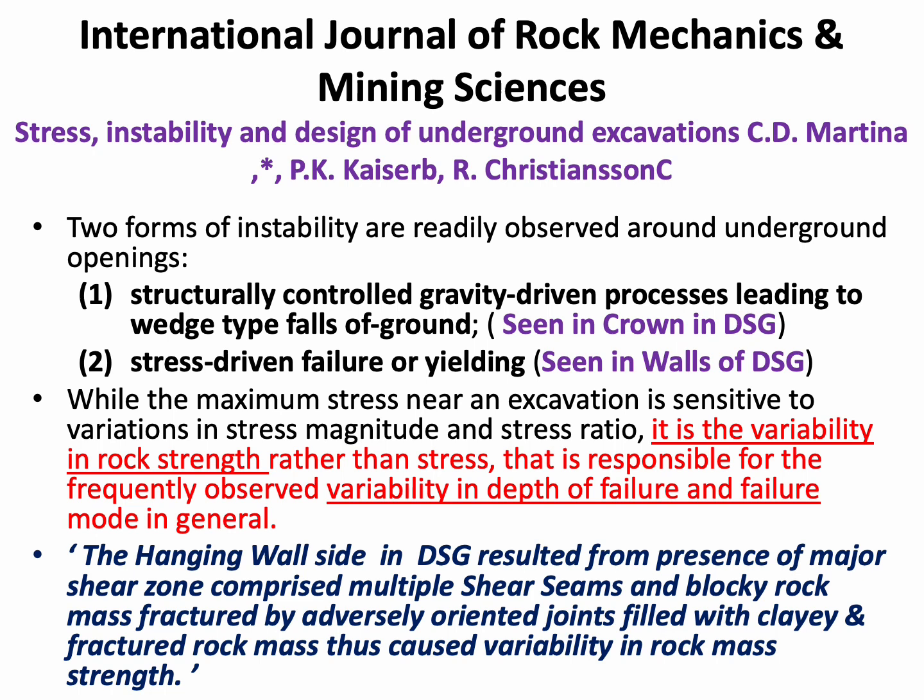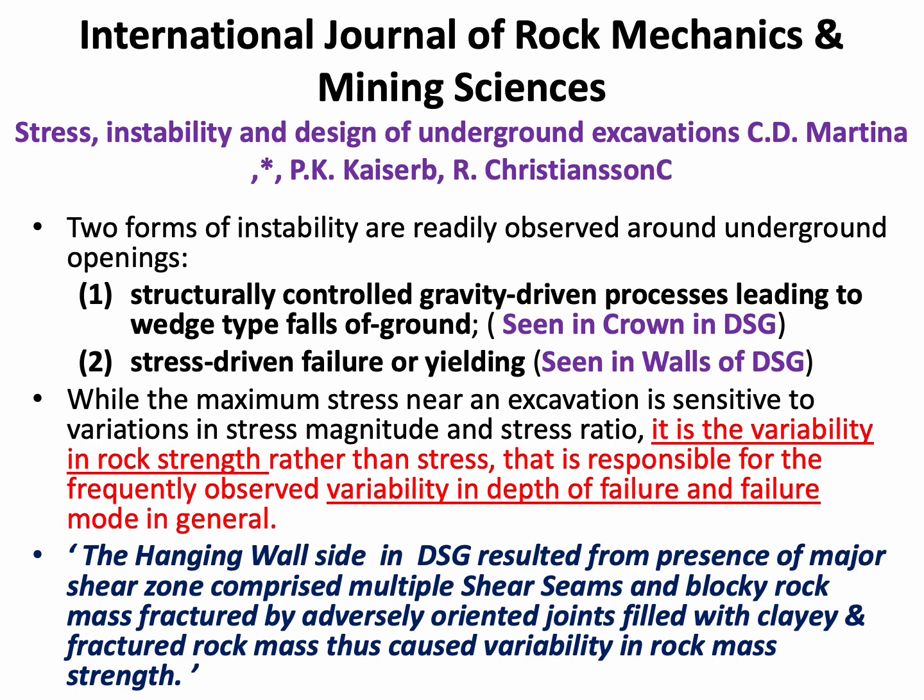The hanging wall side in the downstream surge gallery resulted from the presence of a major shear zone comprising multiple shear seams and blocky rock mass fractured by adversely oriented joints filled with clay and fractured rock mass, which thus caused variability in rock mass strength.